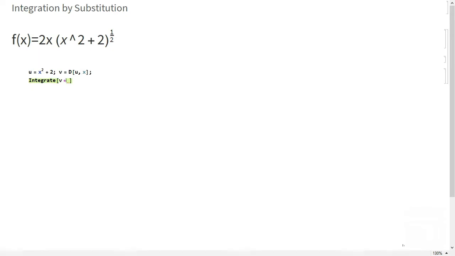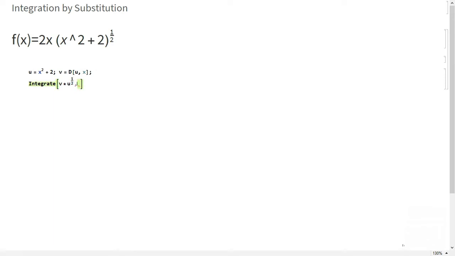So you type this v in there and you multiply. Then multiply with what? You are substituting u equals x squared plus 2, right? So our original expression was x squared plus 2 to the power half, or square root of it. So you just type u to the power 1/2. Alright, now comes the tricky part.